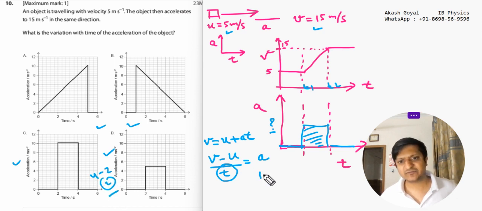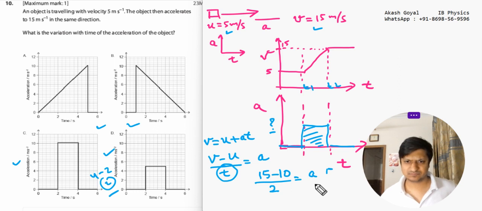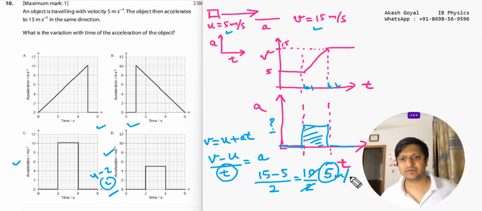And the velocity is 15 minus 5, sorry, 15 and 5, divided by 2 equals A. It will become 10 by 2. So we will cut down by this. It will become 5 meter per second square. So the acceleration is 5.